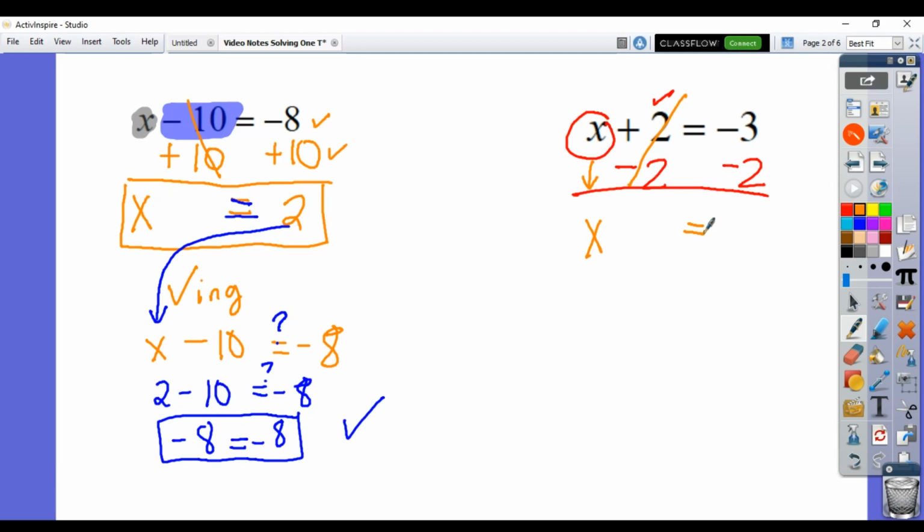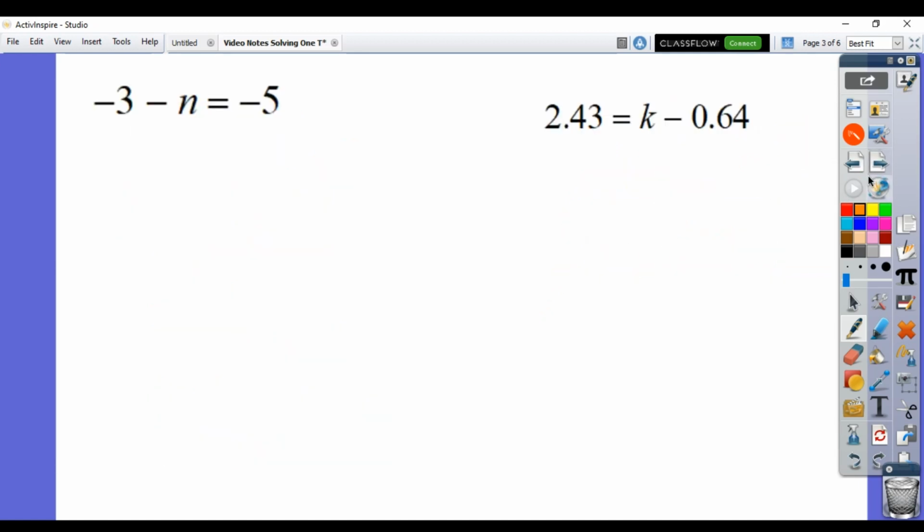Drop the equal sign. What's negative 3 minus 2? That will be negative 5. You can do the checking on your own for this problem, but sometimes it's good to check your answer to make sure you get a good grade on the test.